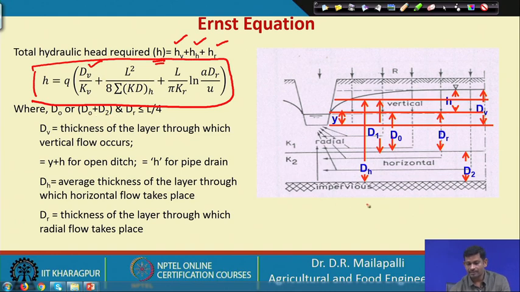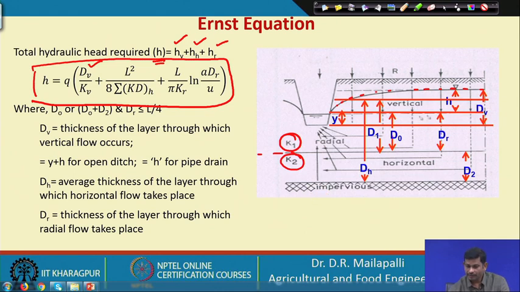Here there is a schematic showing an open ditch system, the drain, and the water table. There are two layers, k1 here and k2 here. The drain is installed above k2, in layer 1.